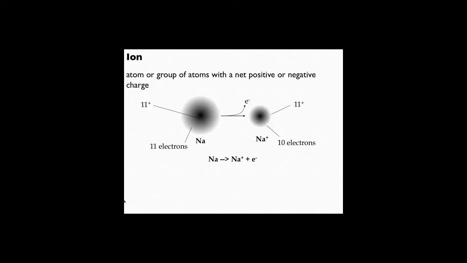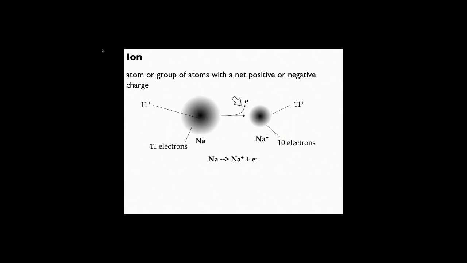So let's define what an ion is. An ion is an atom or a group of atoms with a net positive or negative charge. So as an example, I have shown here a sodium with its diffuse electron cloud. Sodium has 11 protons in its nucleus, and since it's a neutral atom, it has 11 electrons in its outer shells. And here's its atomic symbol.